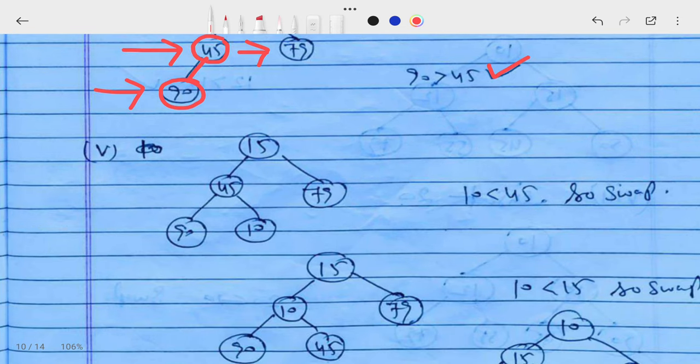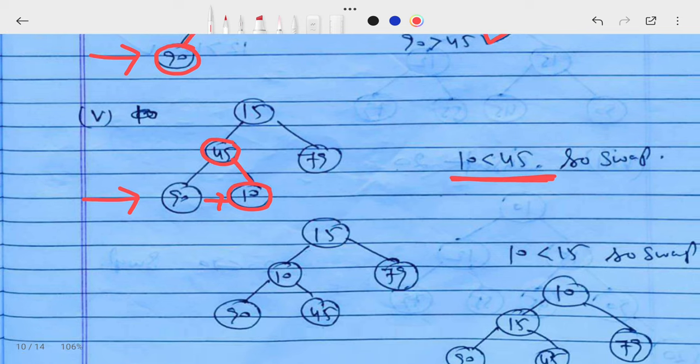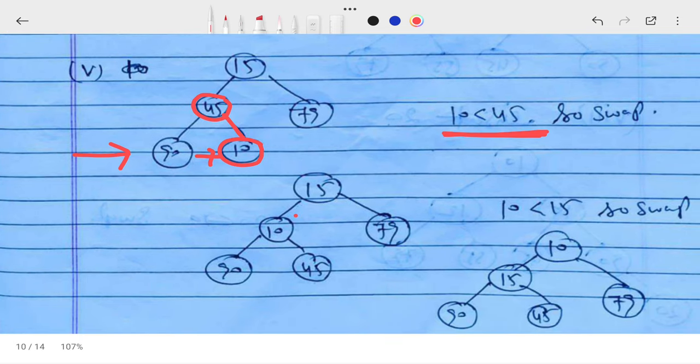Next insertion is 10. According to the complete binary tree, the data will come here next. Now this 10 asks 45, its father, who is the minimum. 10 is minimum, so 100% you have to swap. So 10 will come here and 45 will come here.